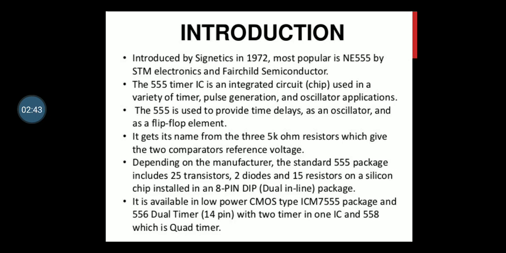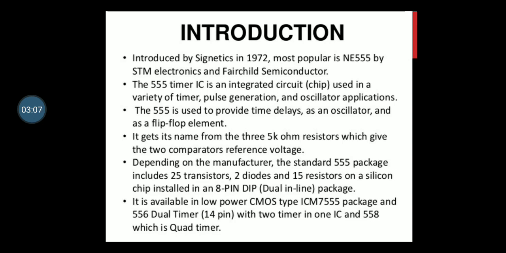The 555 timer can be used with a supply voltage range of plus 5 volt to plus 18 volt and can draw load current up to 200 milliamps. It is compatible with both TTL and CMOS logic circuits and op-amp based circuits.